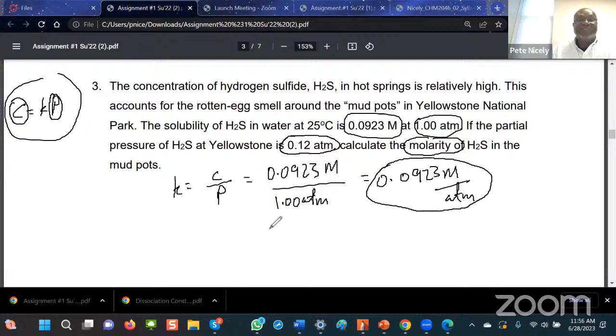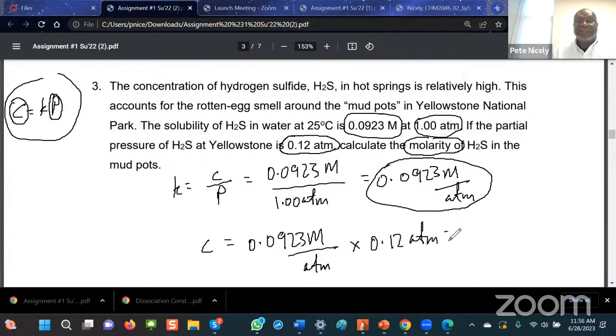So C, the concentration or the molarity, would be equal to K, which is 0.0923 M per atmosphere, multiplied by the pressure, 0.12 atmospheres.